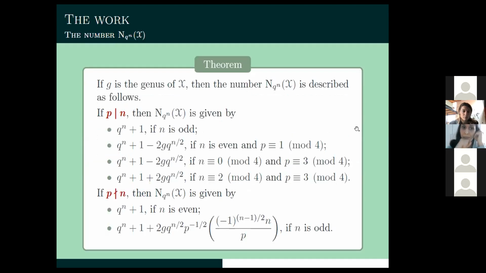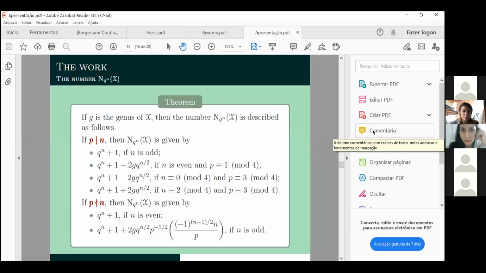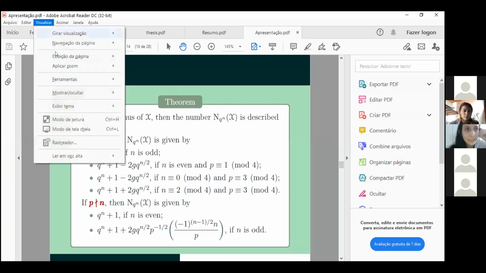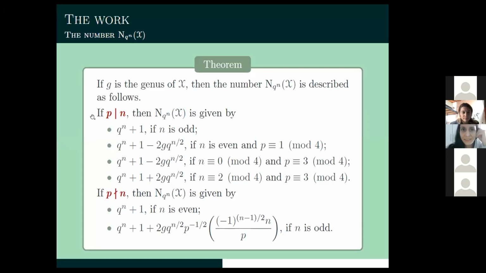The first result we have in this direction is on the number of rational points, and we got a full description of this number.